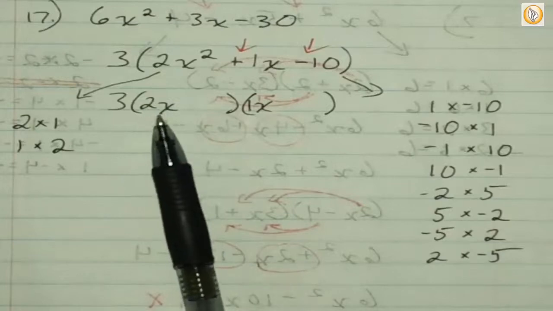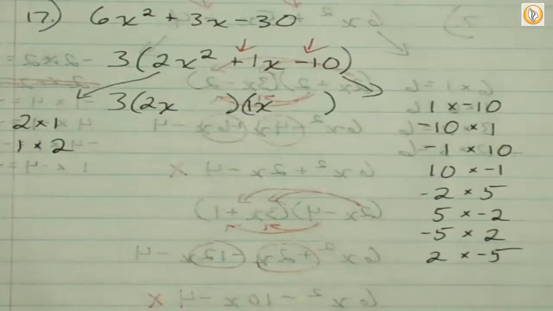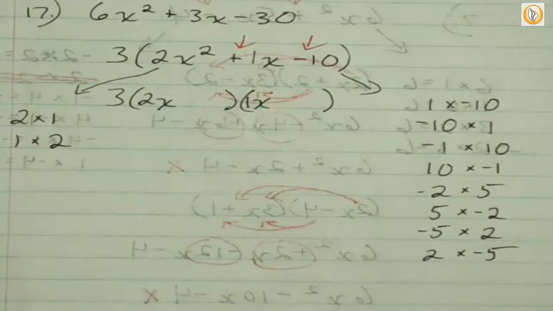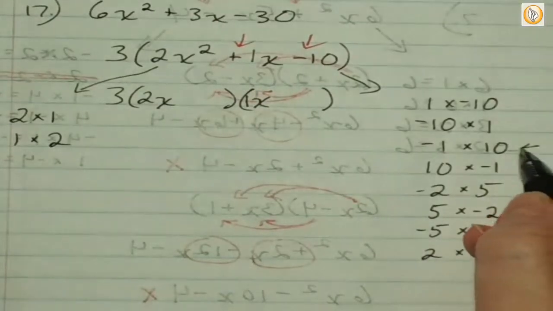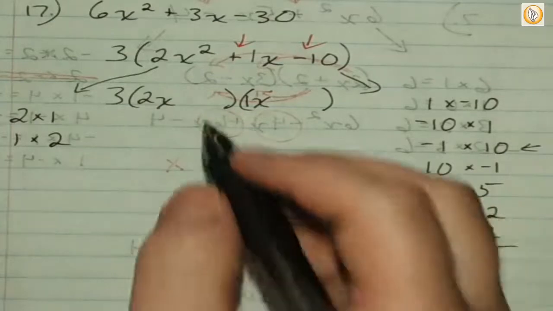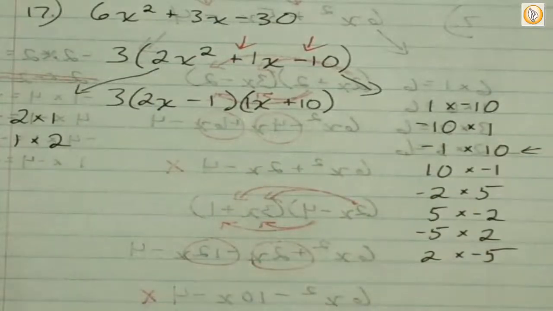What, when combined with 2, will give us a positive 1? It's okay if you're wrong. Okay, she wants to try negative 1 and 10. So we're going to do negative 1 here and 10 here.